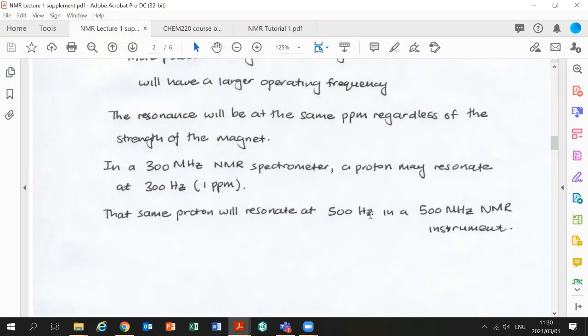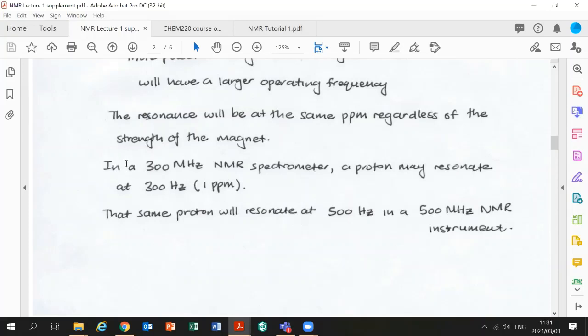You can see that the operating frequency of the instrument depends on the gyromagnetic ratio of the nucleus being studied, divided by 2 pi and multiplied by the strength of the magnet, or the applied magnetic field B naught. Don't worry so much about that equation. We're not going to use it too much in this course, but read up about it. It shows you how we get to a 300 megahertz instrument and a 500 megahertz instrument and how it depends on a particular nucleus.